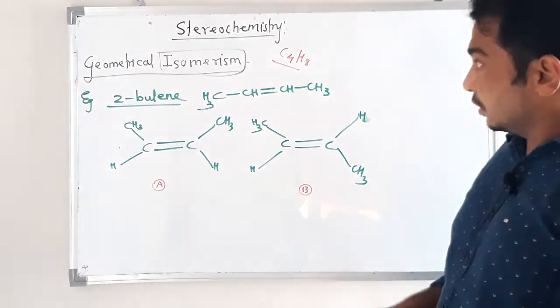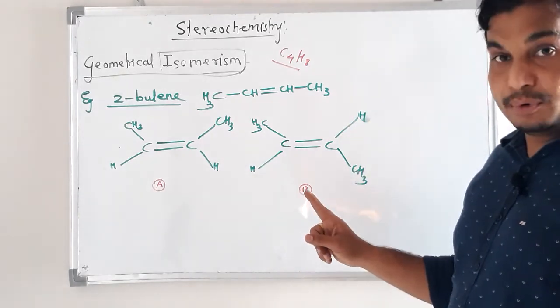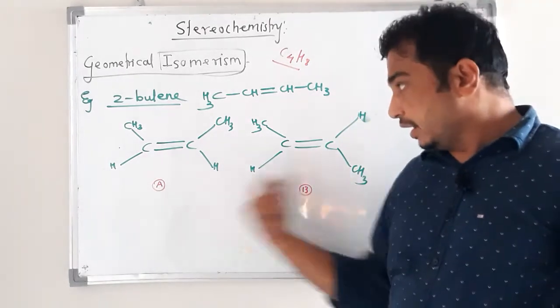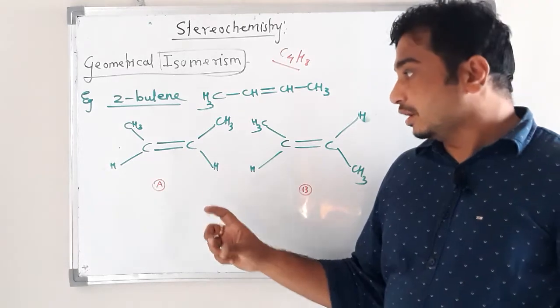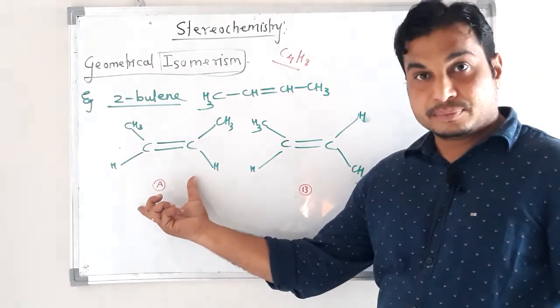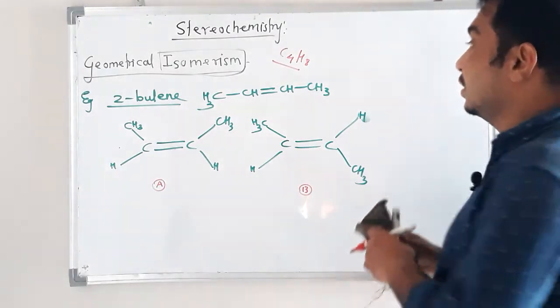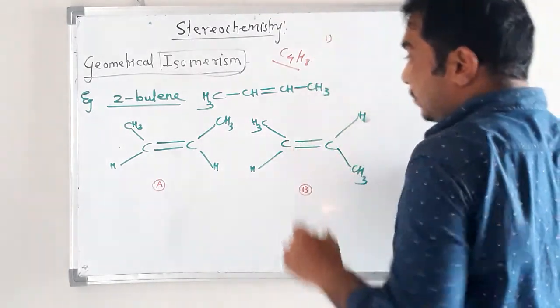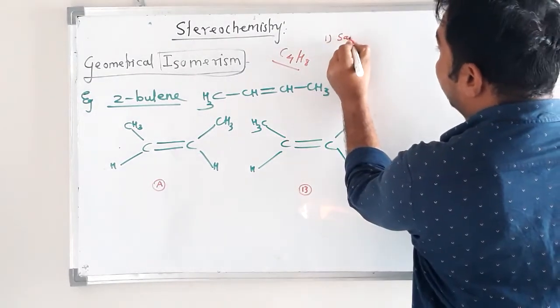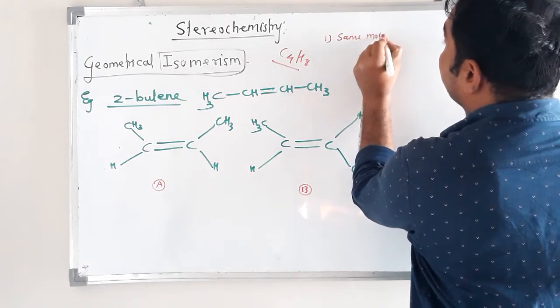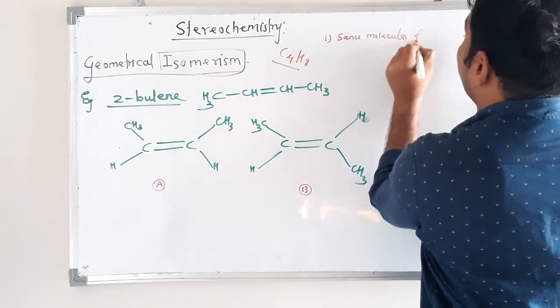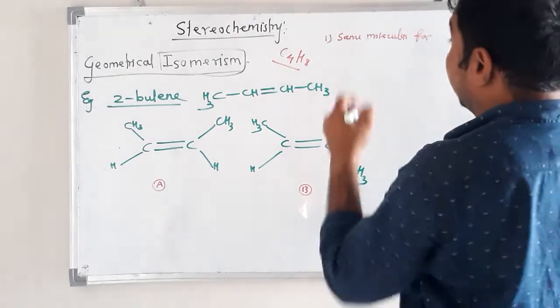The sequence of chemical bonds is also identical between A and B. All the chemical bonds present in molecule A are found in molecule B. Means, what are the similarities between them? Same molecular formula.